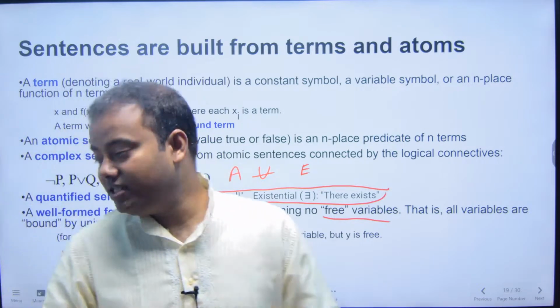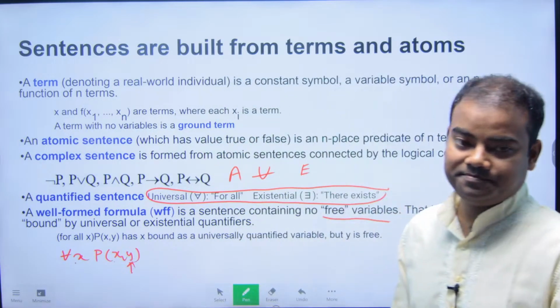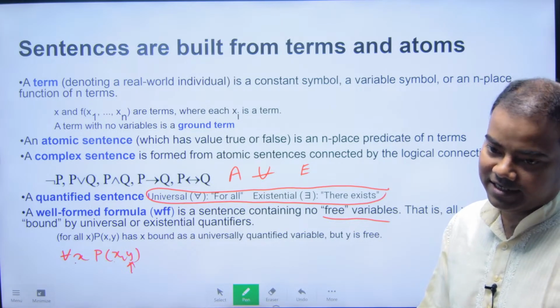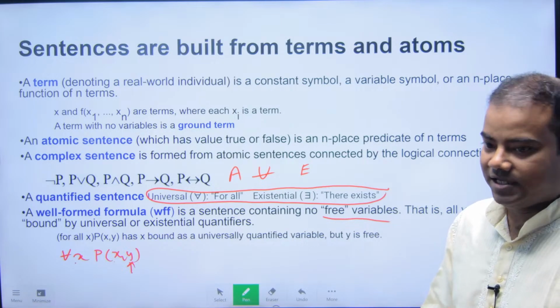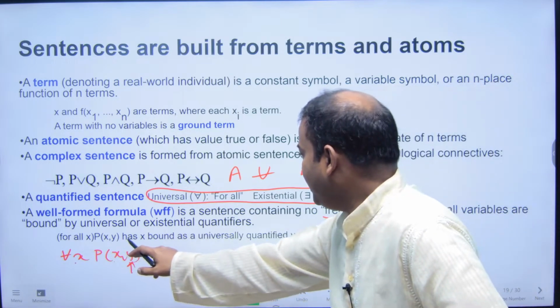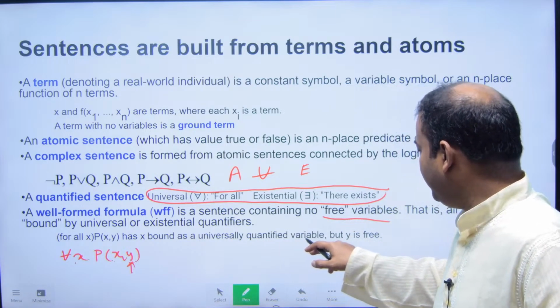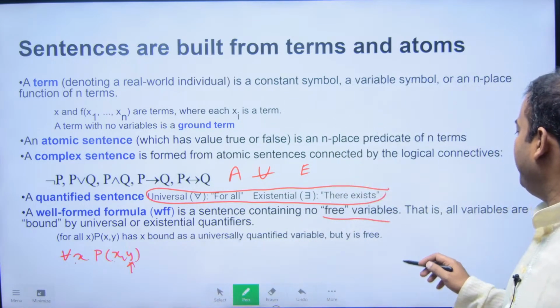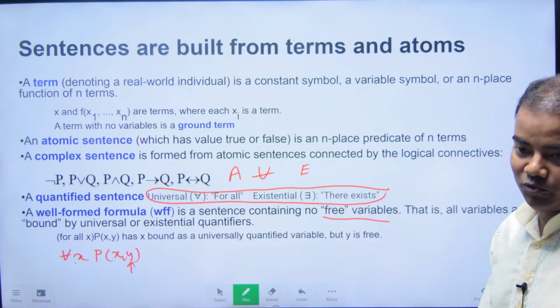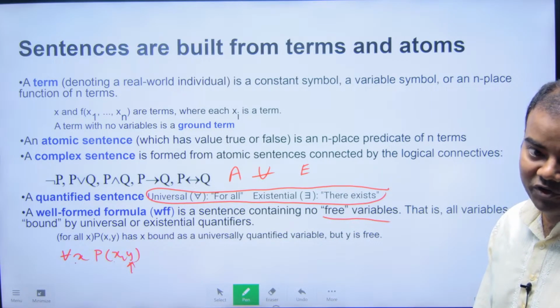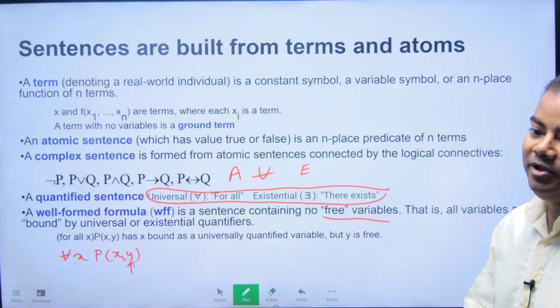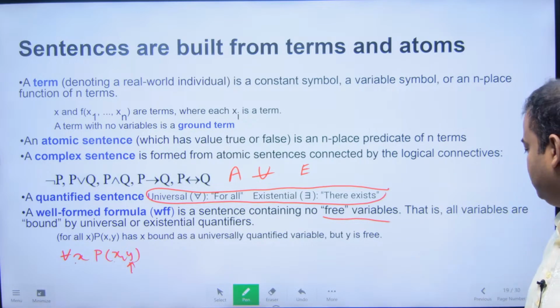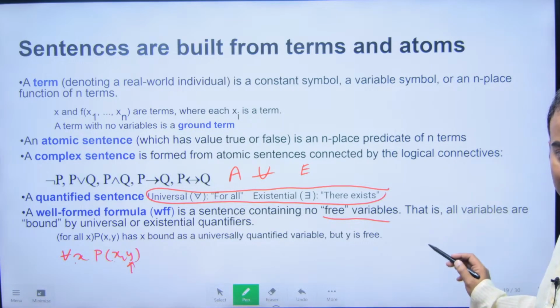So this is not a valid formula or a valid sentence. Formula means sentence here. It has x bound to be universally quantified, but y is free. So because y is free, this is not an example of a well-formed formula. The definition of a well-formed formula is clear. It must be quantified. Any doubt here?